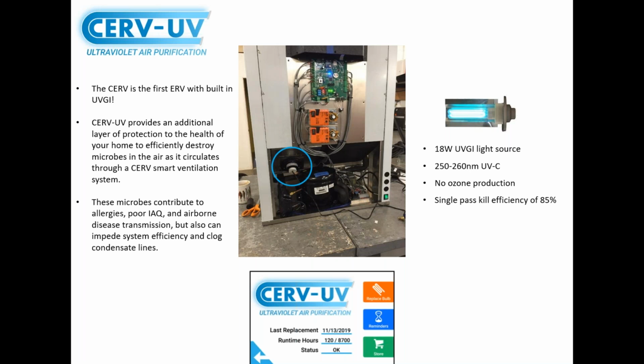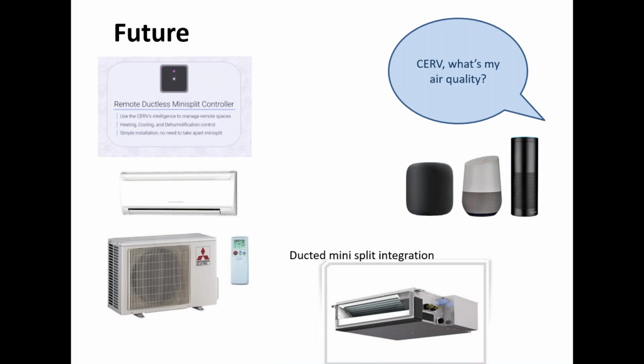And then we continue to develop different capabilities and features as well. Right now we are working on smart home integration. We currently have mini split control. So we do have a ductless mini split controller where the CERV can control those remotely. And coming out shortly, we also have ducted mini split integration.